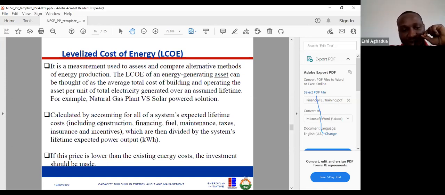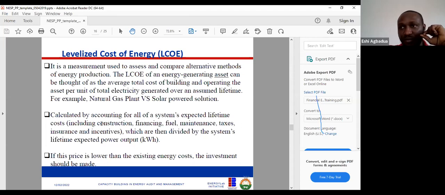And this is divided by the system's lifetime expected power output. So if the price is lower than what you already have, of course, the investment should be made. But if it's much, much higher than what you already have, then it's not a viable project.